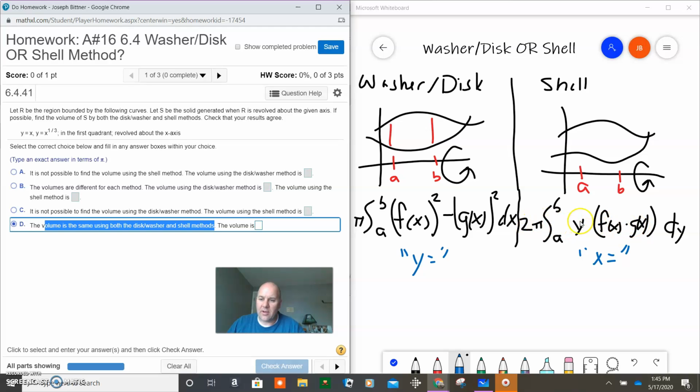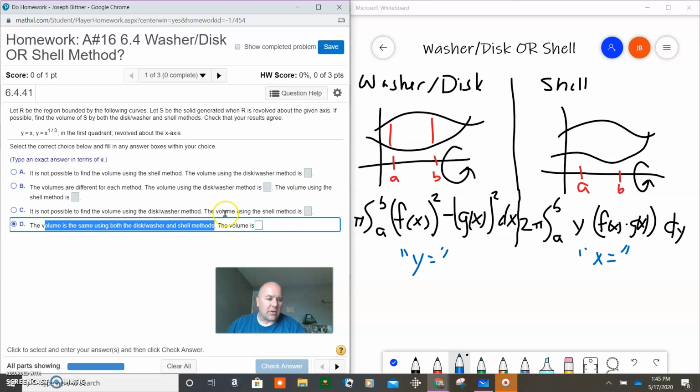This is the 2 pi r, where y is the r value, and f of x minus g of x is the height. It's almost like finding the surface area of a Coke can, just the outside shell, doing layers around layers around layers.